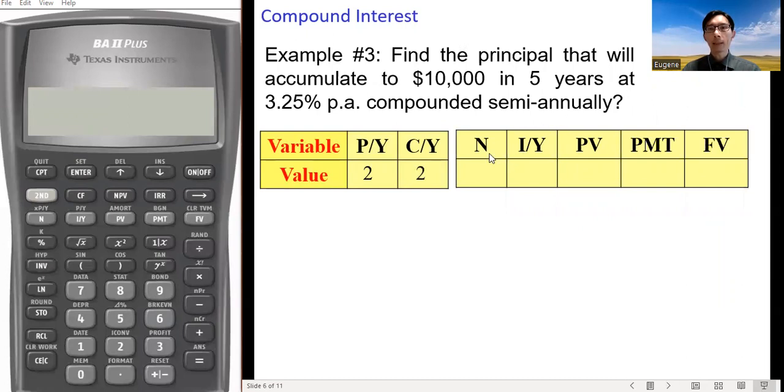And then N, the total number of compounding periods: 5 years, compounded semi-annually, so altogether 10 compounding periods. IY, the nominal rate, is 3.25. PV is the variable we need to compute. PMT is 0. And FV is $10,000.